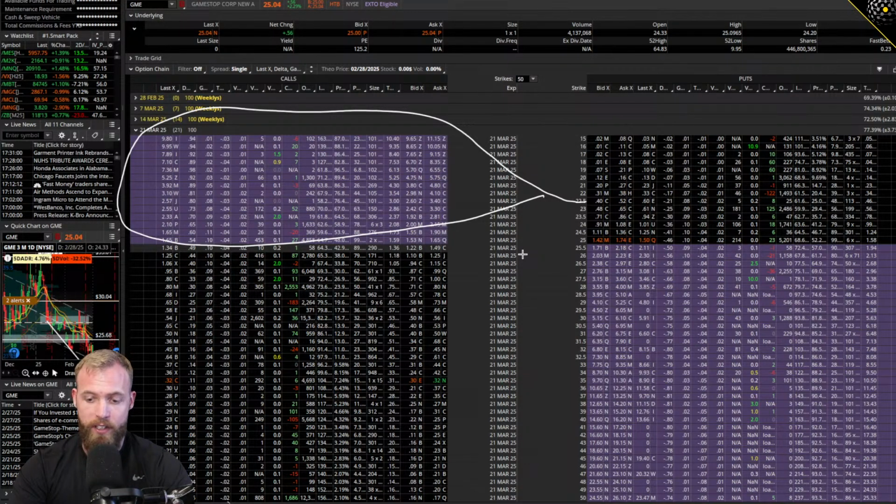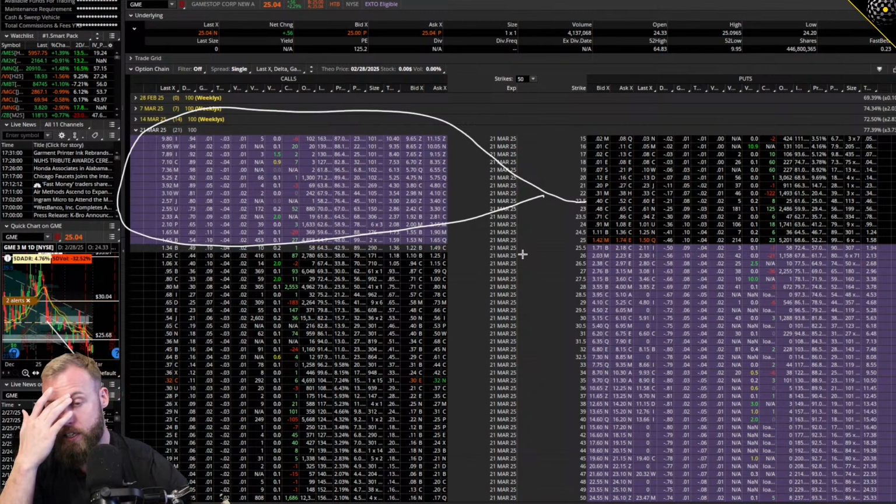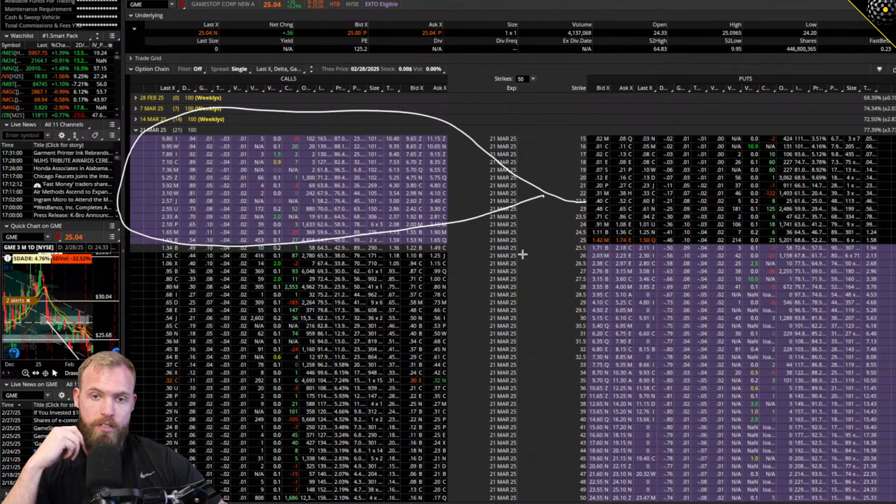Be more specific. That's not wrong, but be more specific. I want you to identify the actual function. Bingo. When there's not a lot of extrinsic value left, that's when it becomes logical to exercise the option.